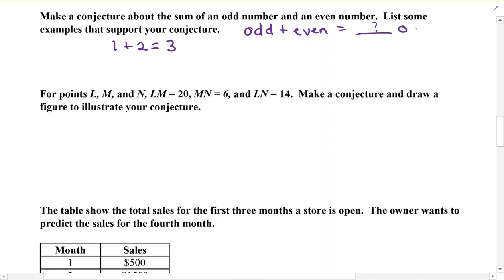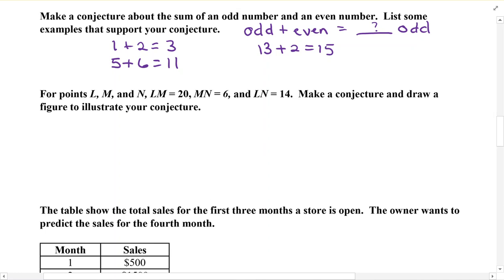So my conjecture is that an odd plus an even is odd. Let's do a couple more to prove it. 5 plus 6 is 11. 13 plus 2 is 15. That gives me examples that support my conjecture.